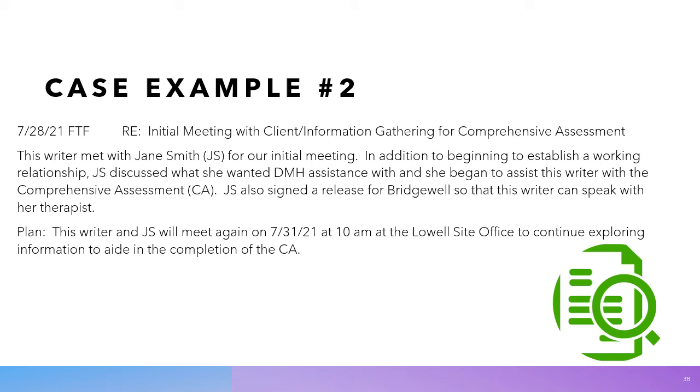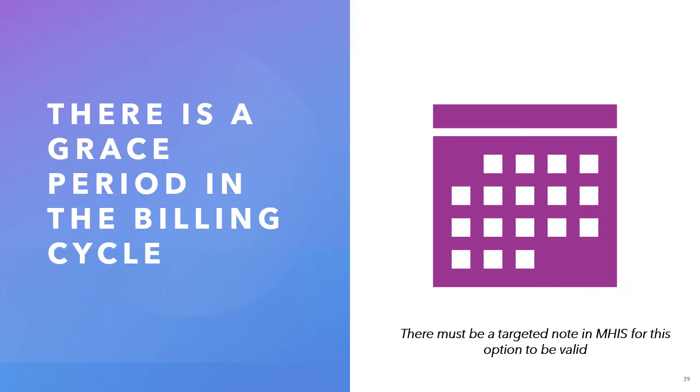Even though a case manager has 20 business days to complete the initial comprehensive assessment, it is entirely possible that the case manager will be able to bill for the first 2 billing cycles, even if the comprehensive assessment is not complete, as long as there is a targeted activity with an MHIS note.